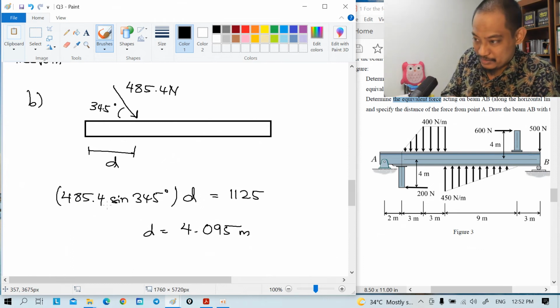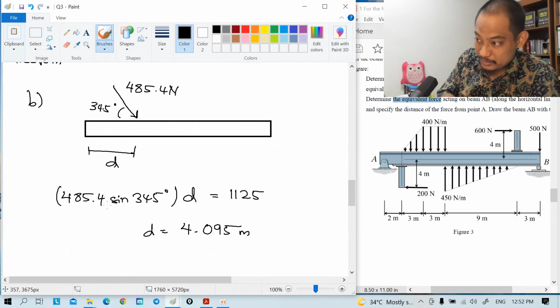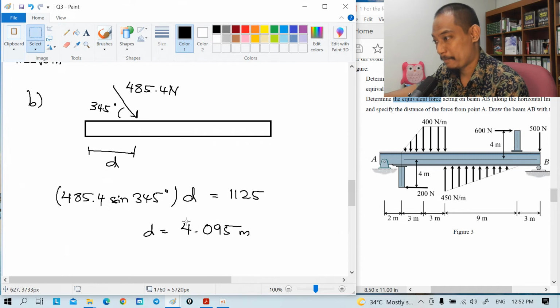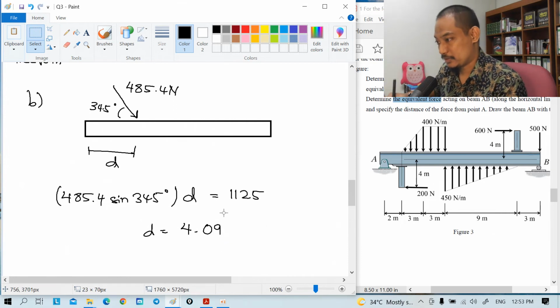So let me check if that's correct. 1125 divided by 485.4 divided by sine 34.5, 4.091. So let's consider 4.09 meter, right?